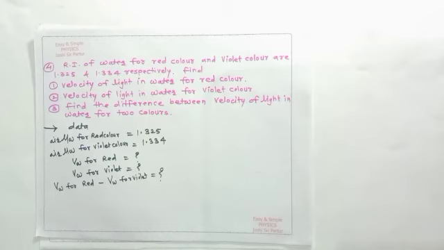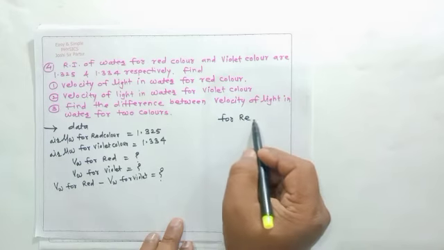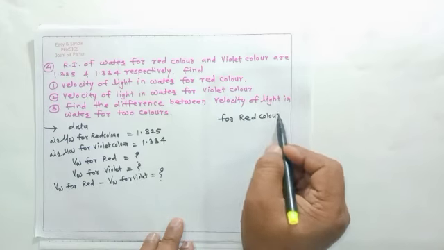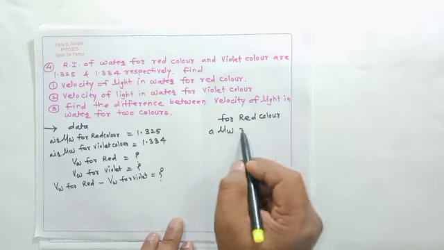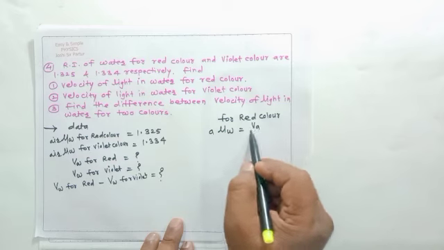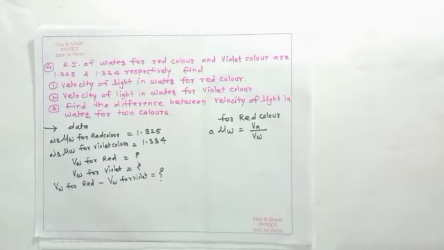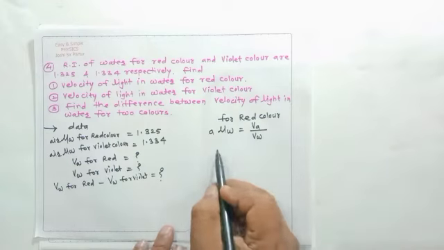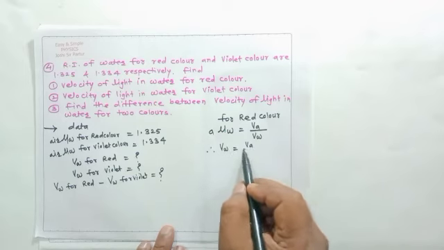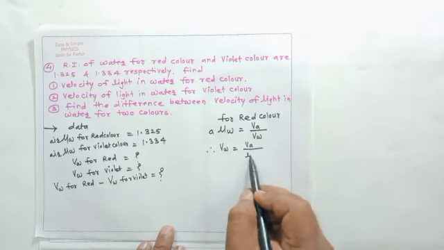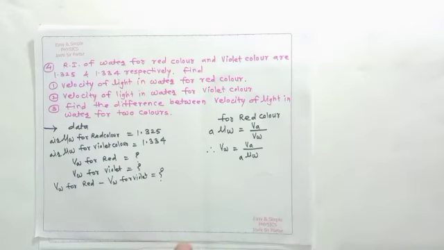First of all, we know using Snell's law for red color, the refractive index of water with respect to air is the velocity of light in air for red color divided by the velocity of light in water for red color. Rearranging, the velocity of light in water is equal to the velocity of light in air upon mu for water with respect to air for red color.